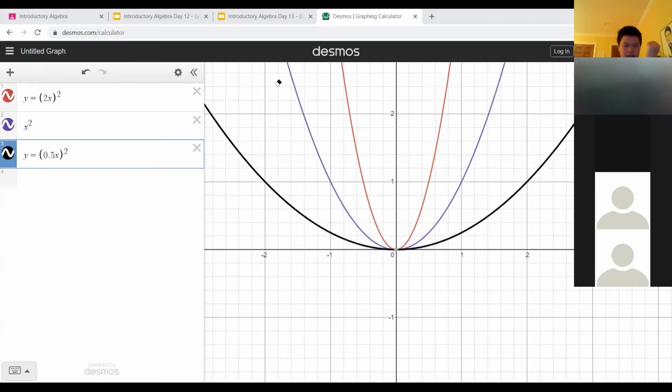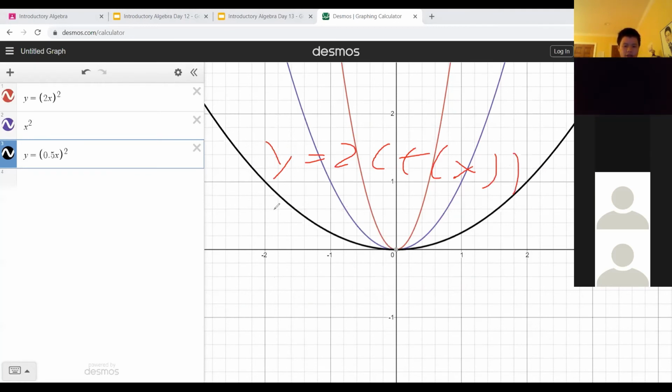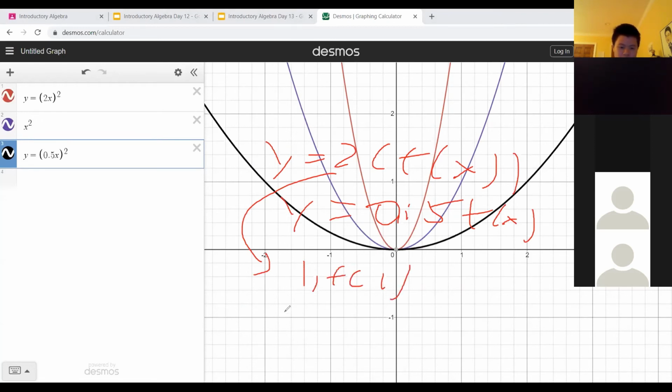well, let's try it. y equals 2f(x). And let's also take 0.5 f(x). So if we had a point 1 on f(x), the same point would be 2f(1). So any y here is doubled.